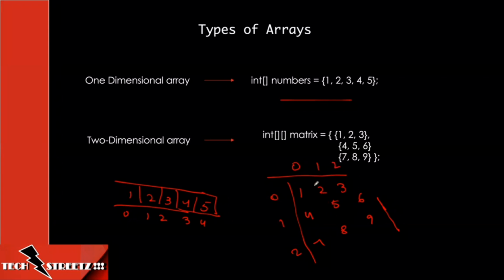If you want to identify a particular element in a two-dimensional array, we'll be using a row index as well as a column index. Here in this example the name is matrix. If you want to identify the element 2 in the two-dimensional array, we'll be using matrix[0][1]. This is how we try to access the particular element in a two-dimensional array.